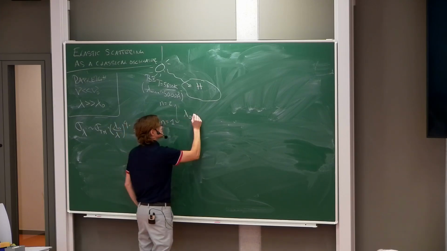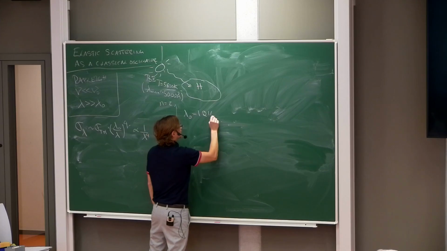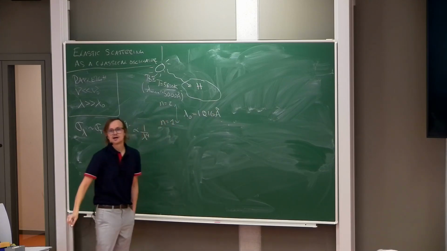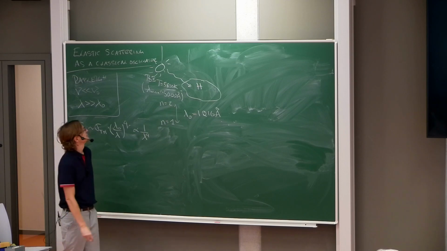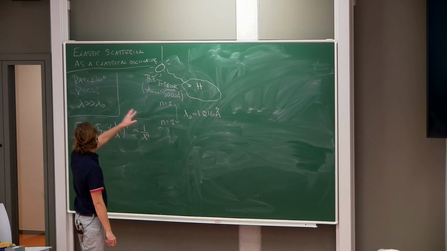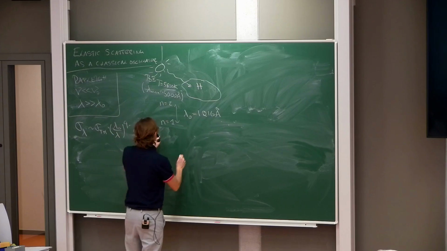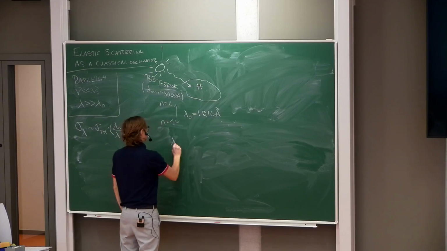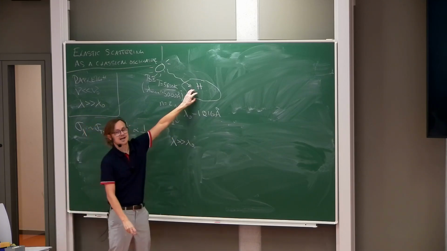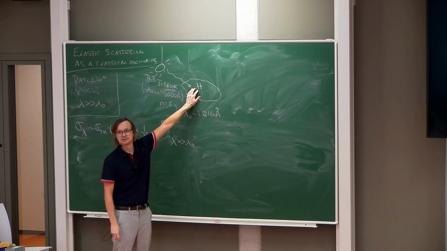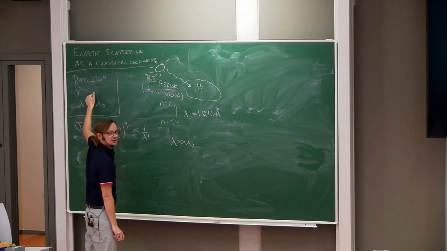We will learn how to calculate it, don't worry. So clearly, the lambda that comes in is much, much greater than the resonant wavelength of this hydrogen cloud. So we're in the Rayleigh regime here.